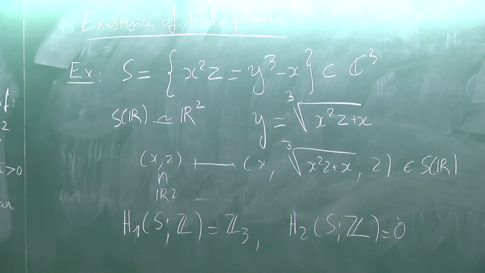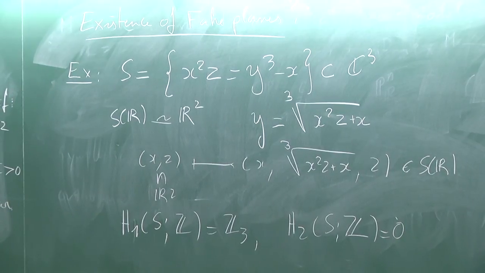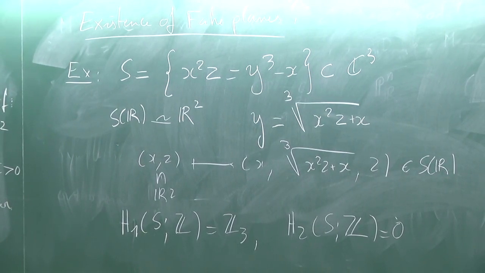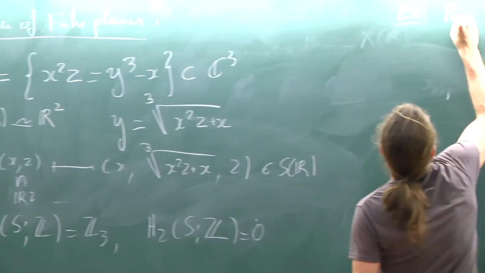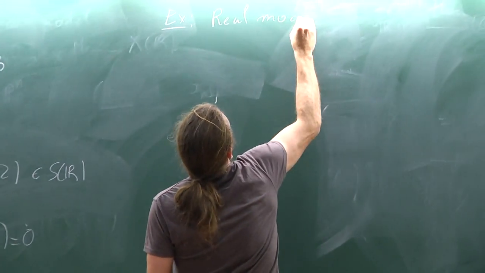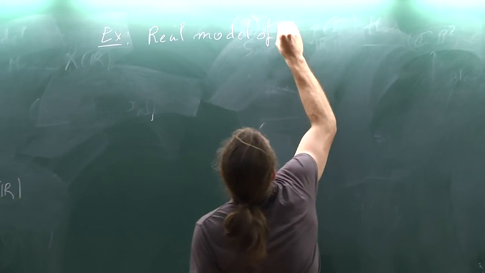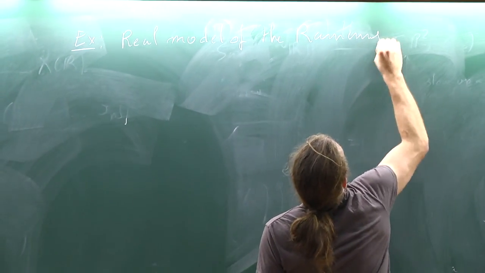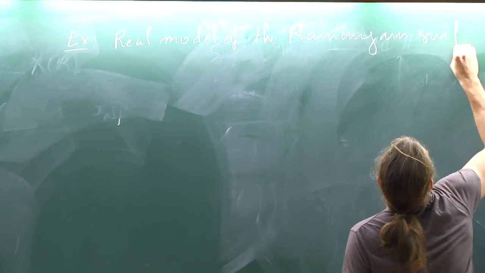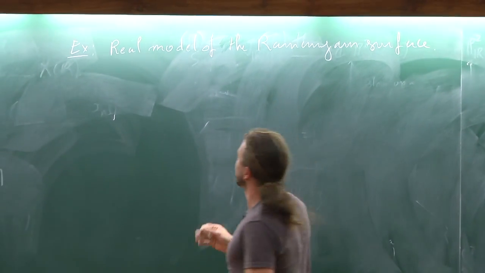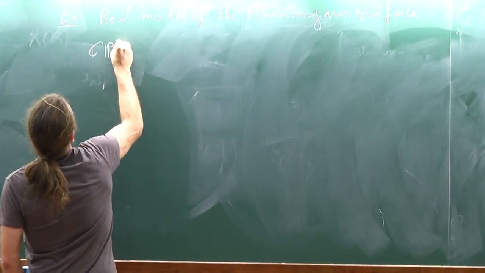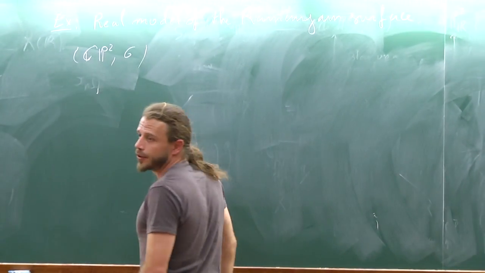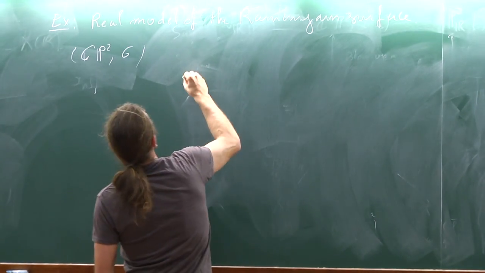So let me give you a second example. I should call this a real model of the Ramanujan surface. The construction is the following. You start from CP2 with the standard real structure, and you take the following configuration.